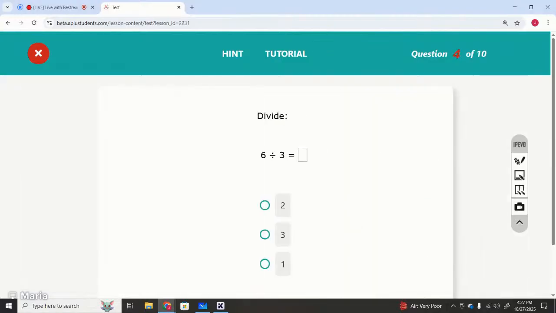Option number 3 is the correct option. 6 divided by 3.